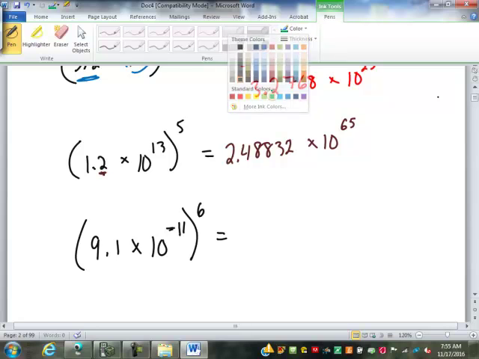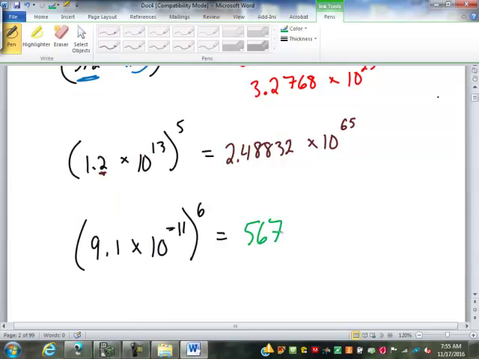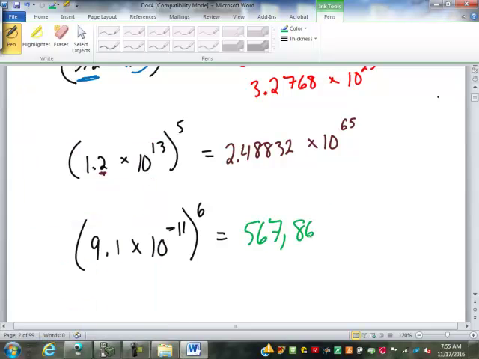So we start out with 9.1 to the power of 6, which is 567,869.252 times 10 to the negative 66. Now we've got to adjust this. That decimal point's got to be here. 5.6787 we're going to round it to.